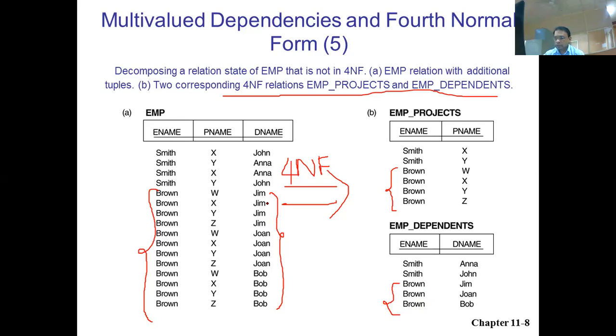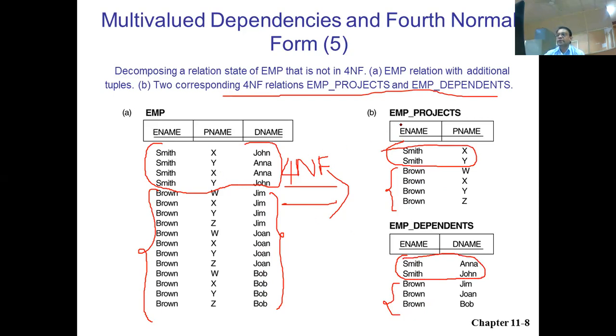So 5 tuples are saved here. For Smith, he is working on 2 projects and has 2 dependents, so I have only 2 tuples here.